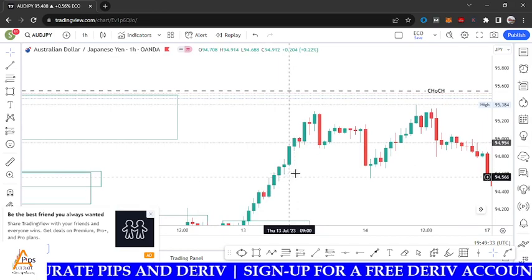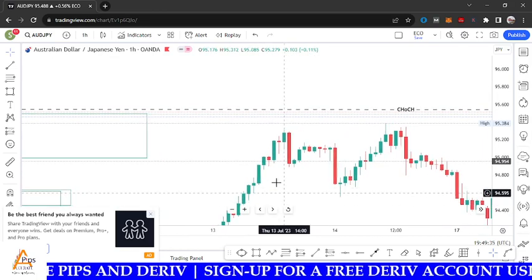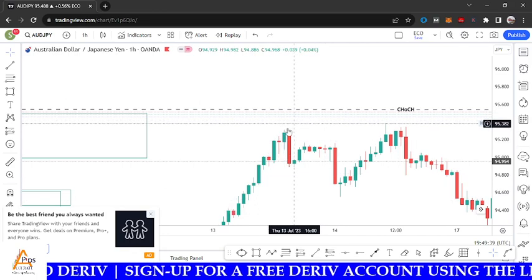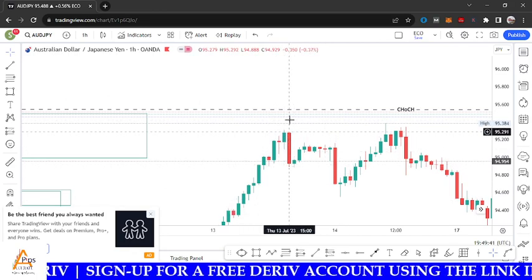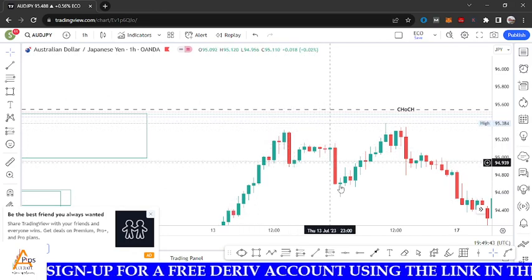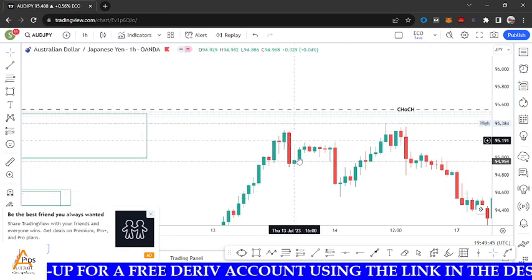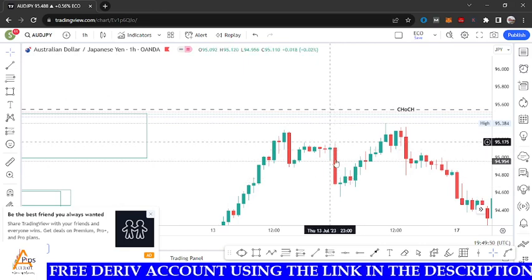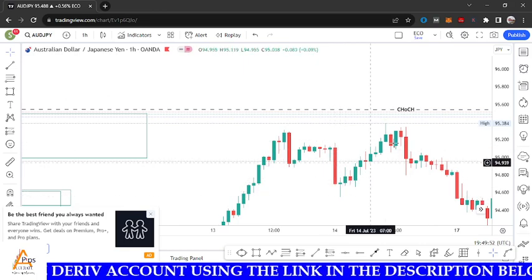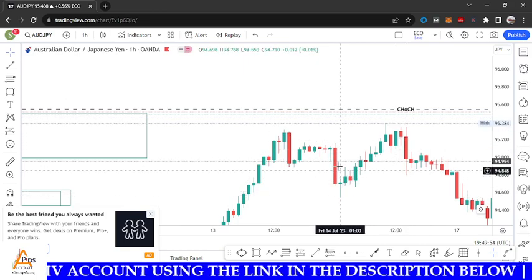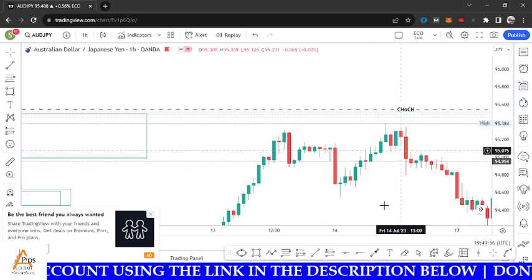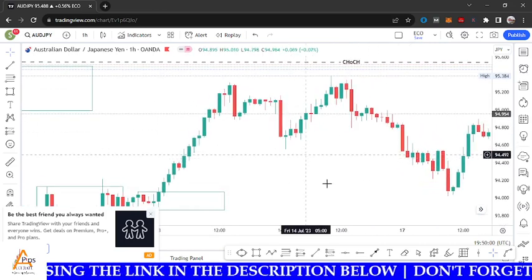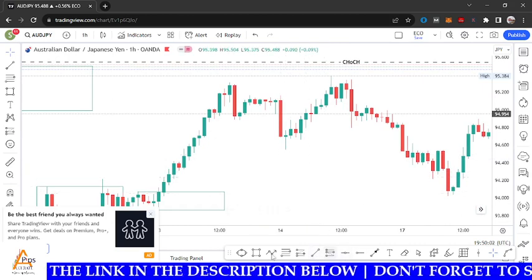There's no valid pullbacks over here. Same applies over here, and then over here as well. So this entire move is a valid pullback down to this end. This is the last selling momentum before this buy. Okay, the last selling momentum before this buy. So that becomes our bullish order flow.